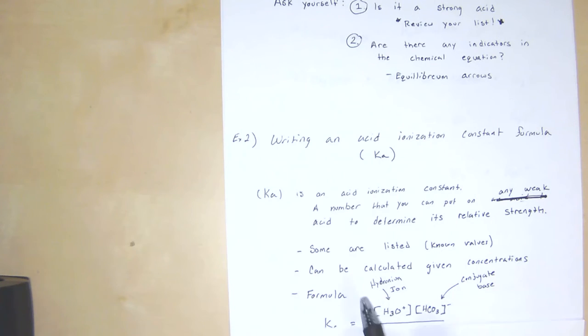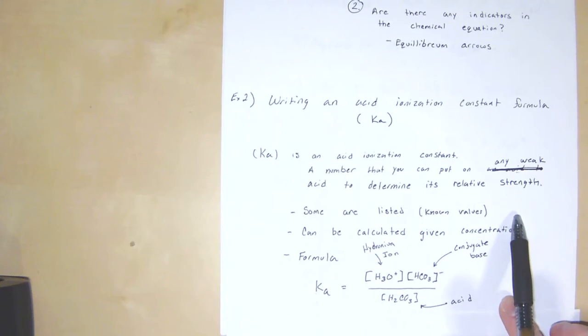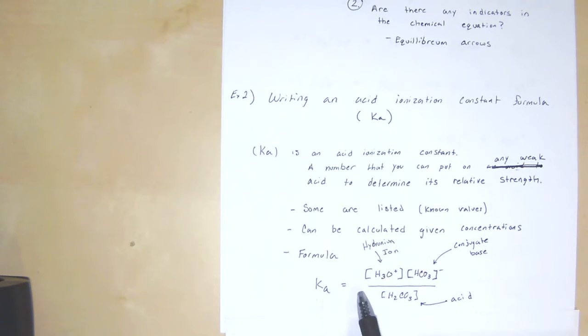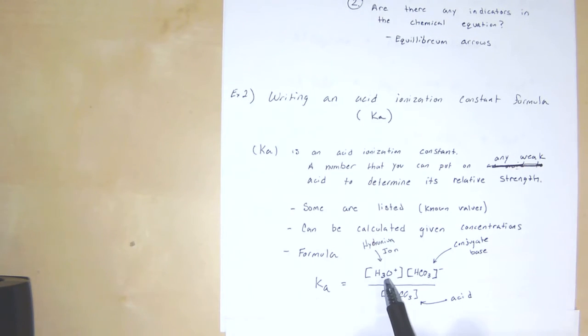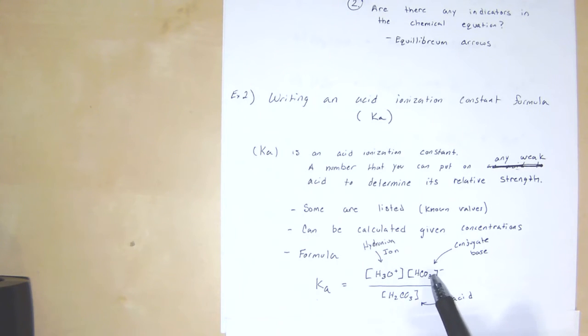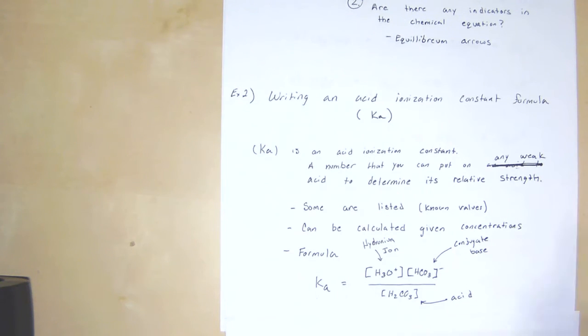But it can also be calculated if you were given concentrations using this formula here, where Ka is equal to the hydronium ion concentration multiplied by the concentration of the conjugate base and divided by the concentration of the original acid.